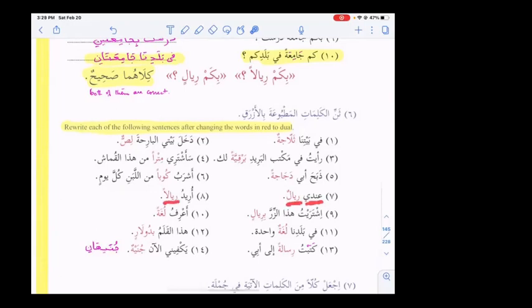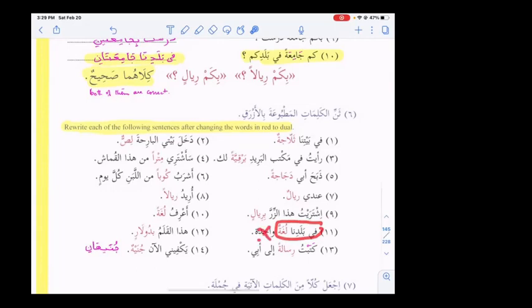Uridu ريالين. اشتريت هذا الذرة بريالين. أعرف لغتين. في بلدنا لغتان. You will just say في بلدنا لغتان.